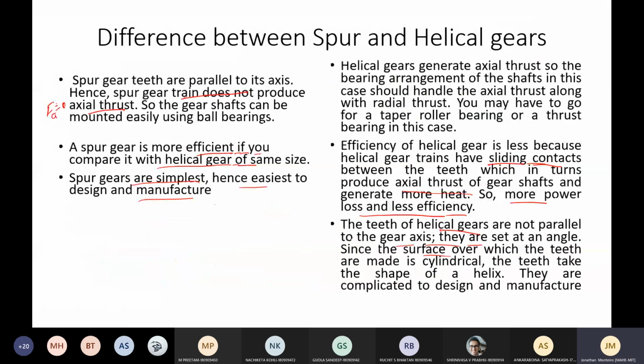Coming to the efficiency part again, since spur gear has just point-to-point or line contact, the efficiency is more, and the efficiency is less in helical gear because of sliding contact. So we will have more heat generated in the same process of turning when compared to the spur gears.